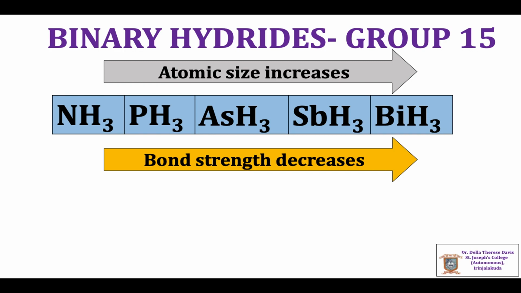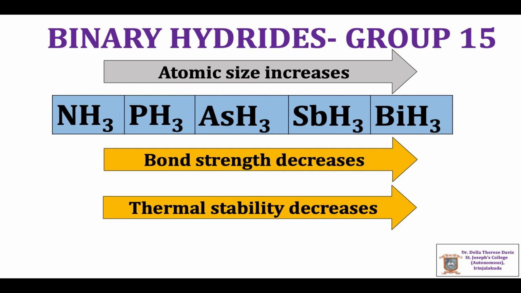That is, the NH bond is stronger compared to that of PH bond, which is again stronger than AsH bond, which is again stronger than SbH bond, and BiH bond is the one with least bond strength.